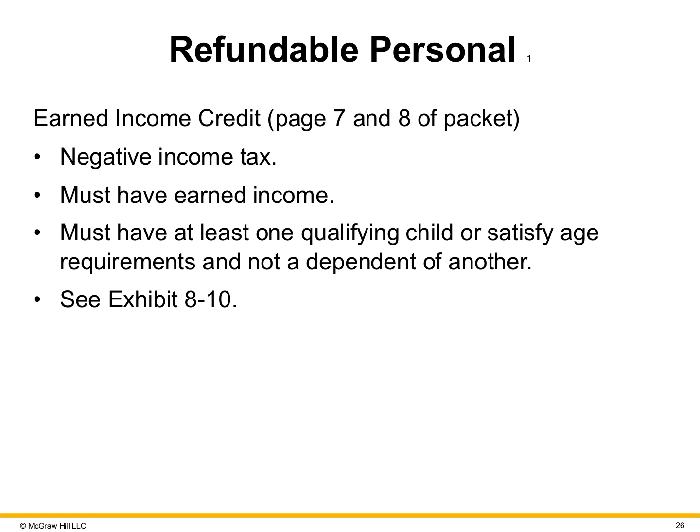But probably the most common and prominent credit under this category is the earned income credit. And so the earned income credit is discussed on pages 7 and 8 of your tax rates and schedules packet.